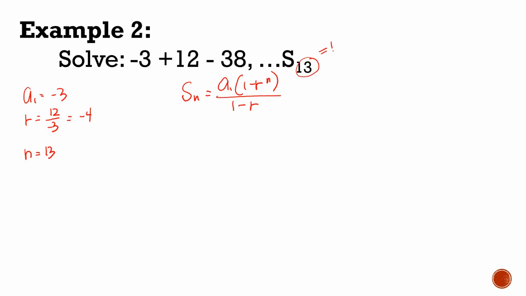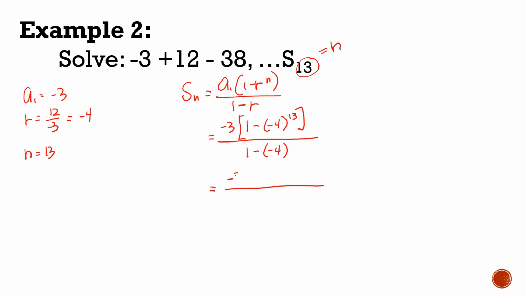So this is equal to negative 3 times 1 minus negative 4 raised to 13 divided by 1 minus negative 4. Okay, so I have negative 3, 1 minus negative 4, that's going to be plus, so this is equal to 5.